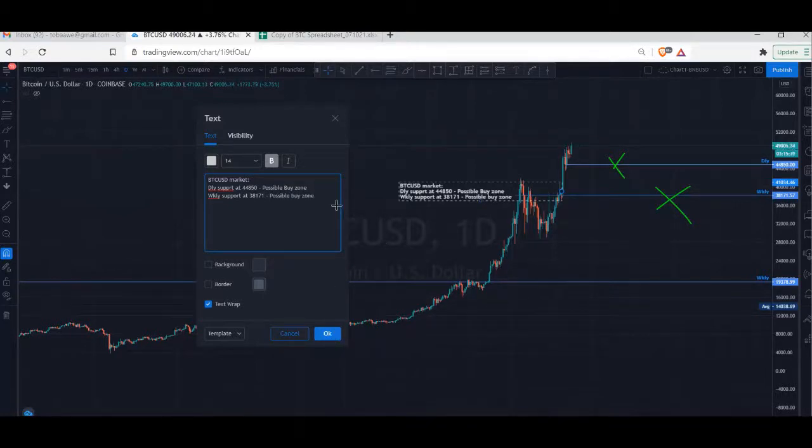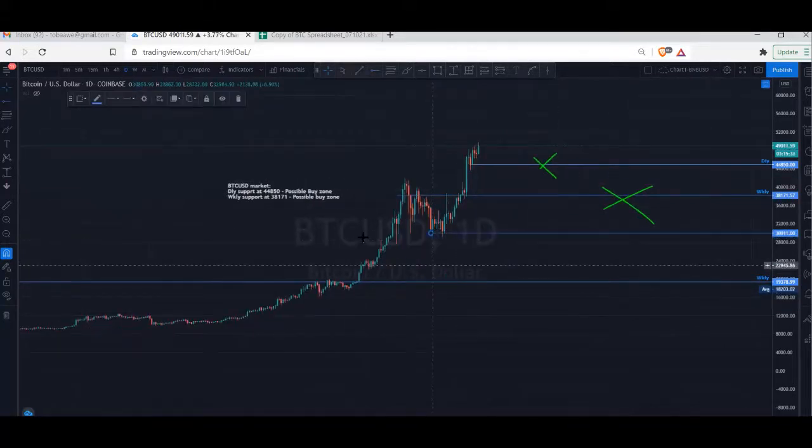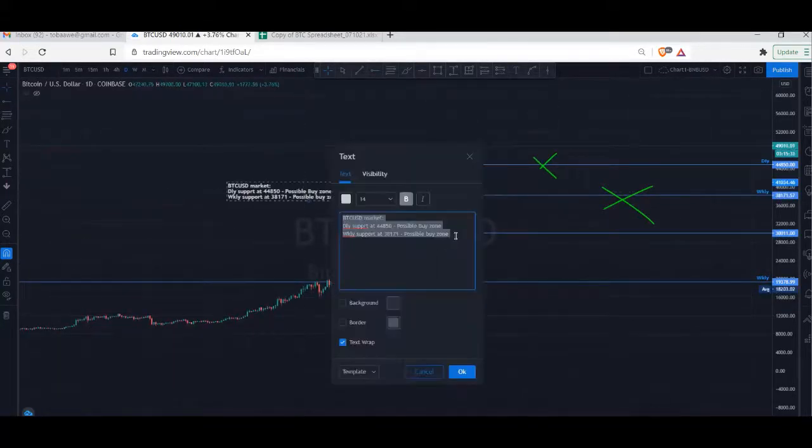Okay, and if I want to go further, I can also put a support line here. This is a support line, and that support line, the third support line, is it weekly or daily? It's daily. Daily support at 30,000. That's 30K. That's also a possible buy zone. That's a possible buy zone for me.